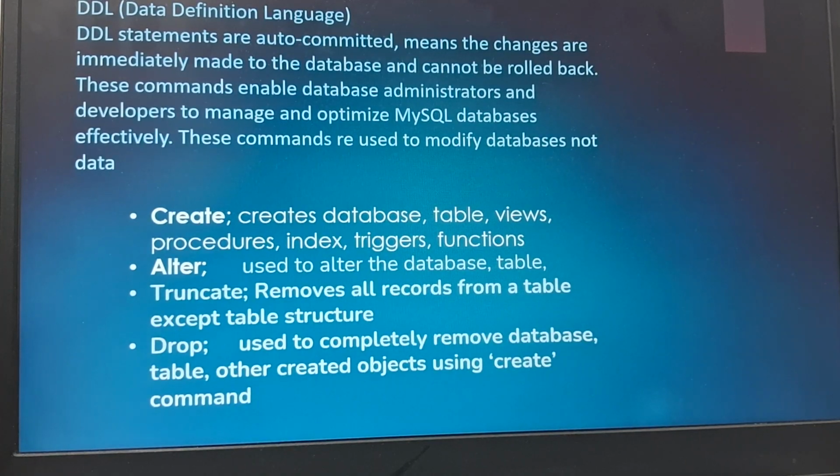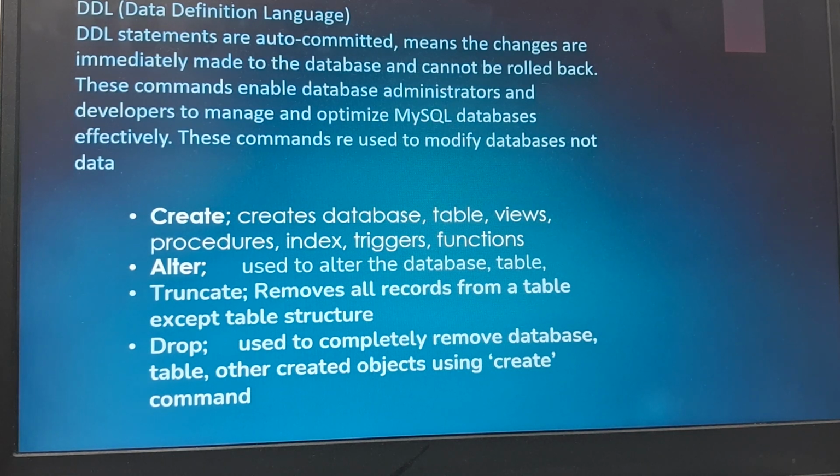Let's understand from DDL. DDL is an auto-committed statement. It means changes which are made immediately to the database cannot be rolled back. Like creating the database name, we cannot change the database name. The simple commands here are alter, truncate, drop, create.